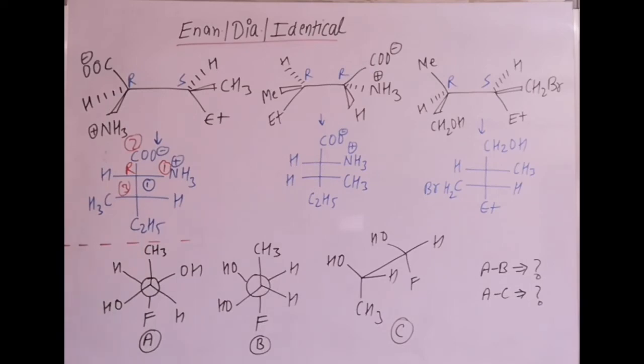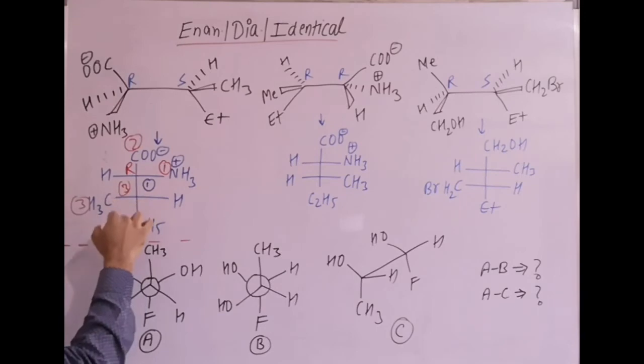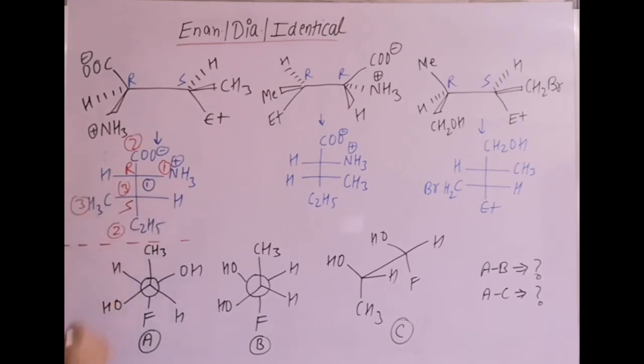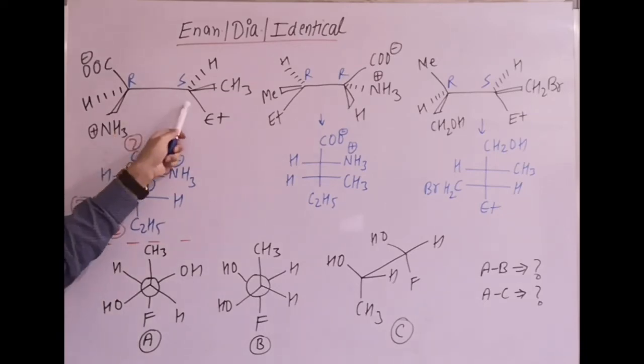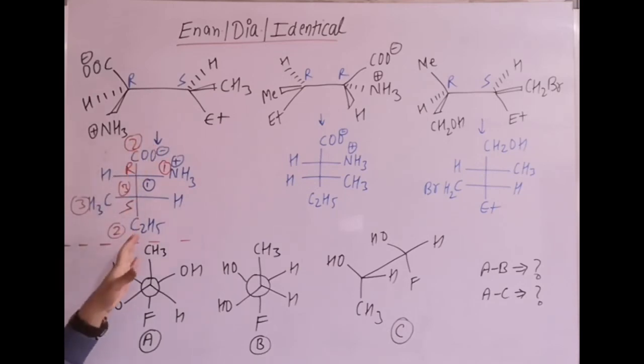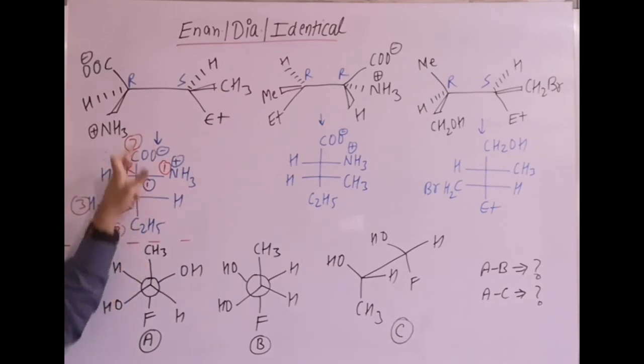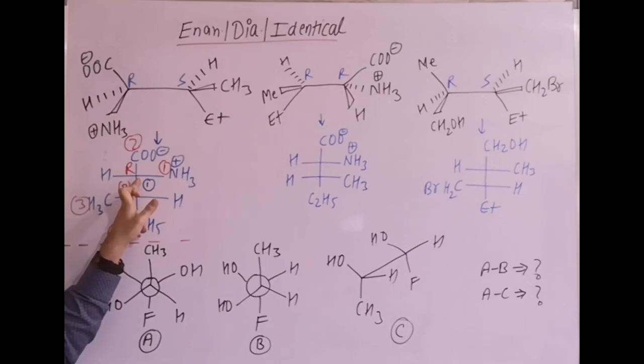Then second priority for C2H5, third 1, 2, 3 R, therefore S configuration. That is what I said, that when we write the correct RS there, then we can mention it in the Fischer projection. Each center should have the same configuration, that means they are identical and it is the correct representation.